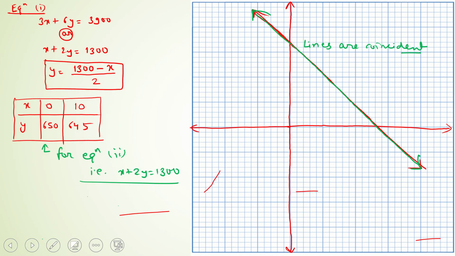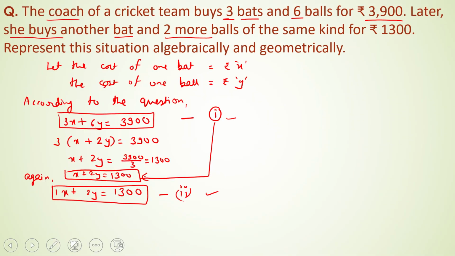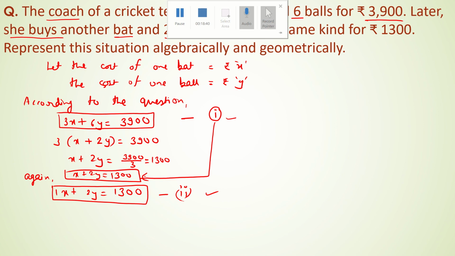And in the second question, we had the equations 3x plus 6y equals 3900 and x plus 2y equals 1300.